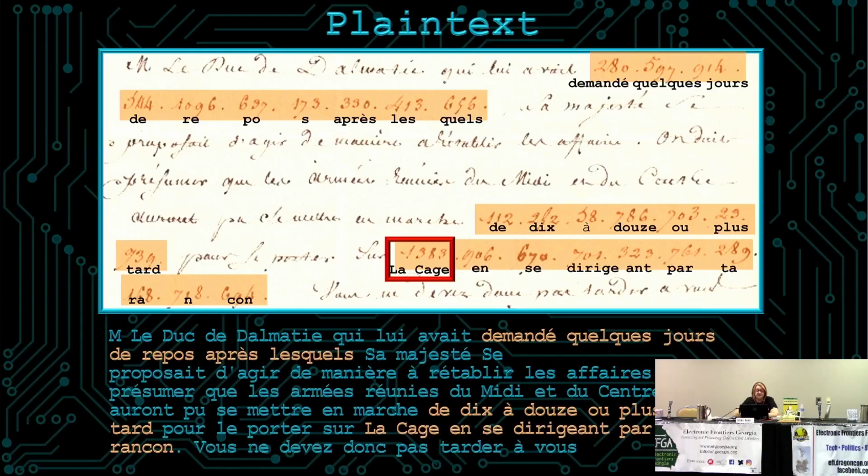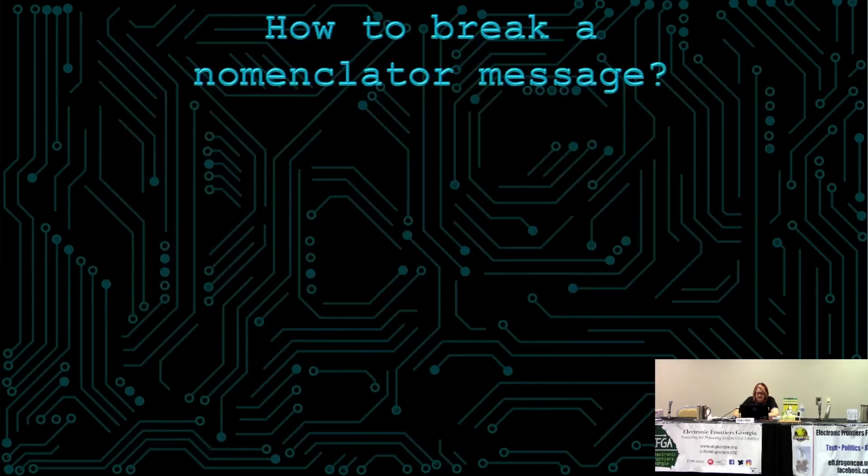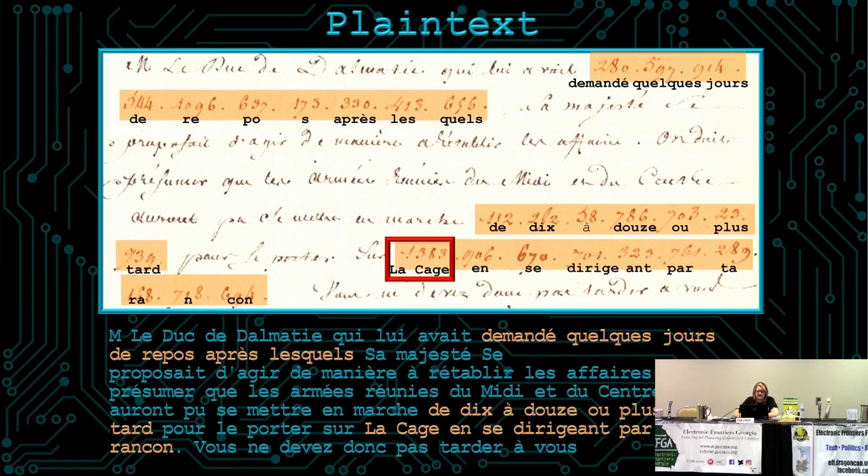So he's asked for some rest, and His Majesty has proposed to do something to reestablish communication between the two. And she's nodding, so I'm getting it right. Good. And then down there where it says "lacage," that is the 1383 that I pointed out on the previous slide.